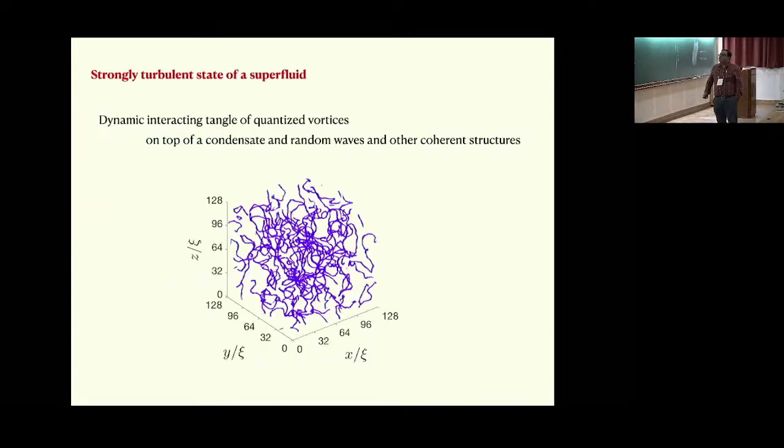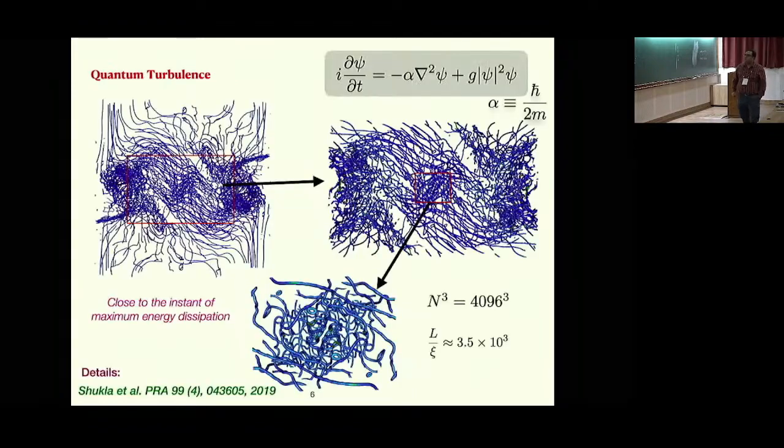Okay. So the strongly turbulent phase is generally regarded as a dynamic interacting tangle of quantized vortices on top of a condensate and random waves and other coherent structures. So something looking like this. Some time back, we did a large-scale simulation of the Gross-Pitaevskii equation and generated a turbulent state starting from some initial condition.